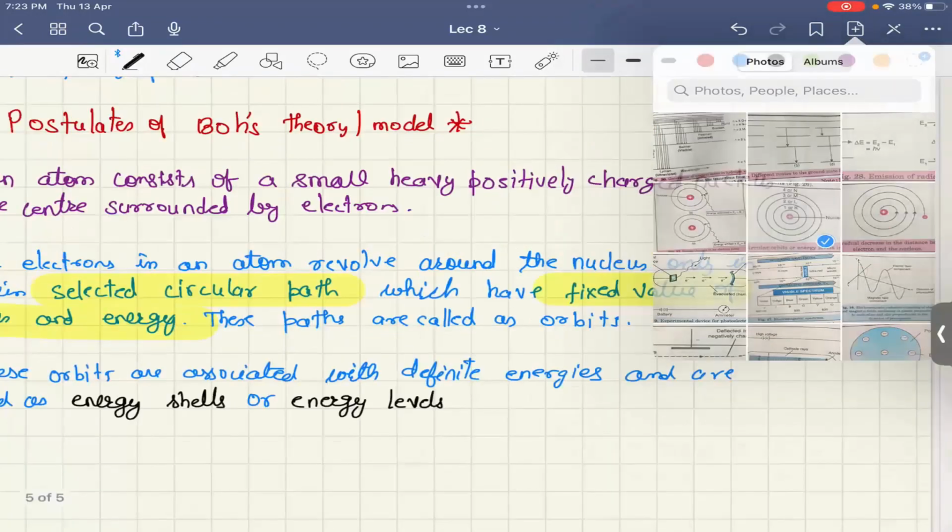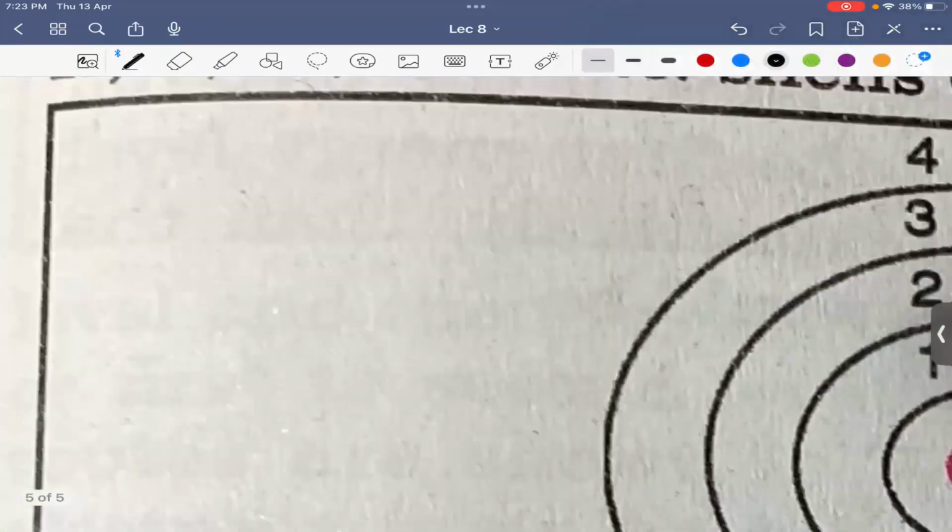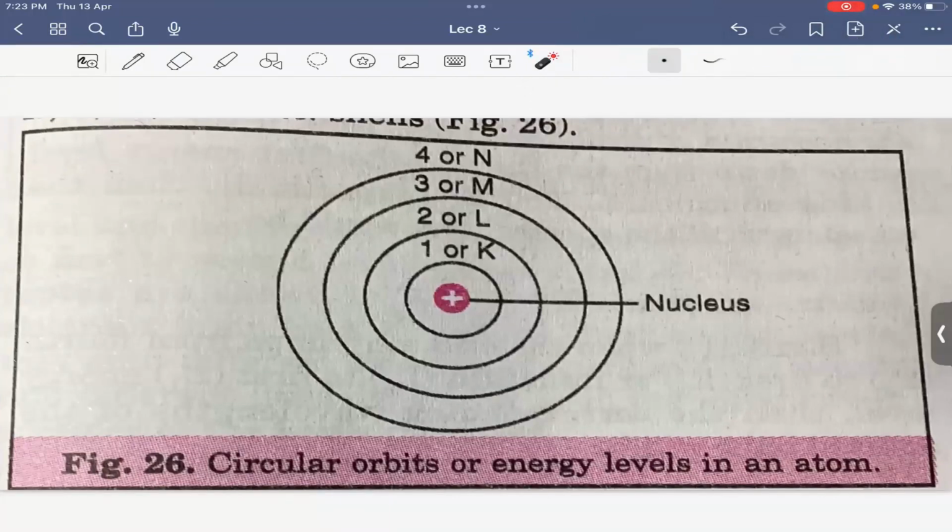Okay. So what was the problem with Rutherford? With Rutherford, the electrons should continuously lose energy and finally collapse onto the nucleus. But as per Bohr's model, the electrons revolve around the nucleus in circular paths, however the energy levels are not continuous. Let's say this is an electron moving in this orbit, in this direction.